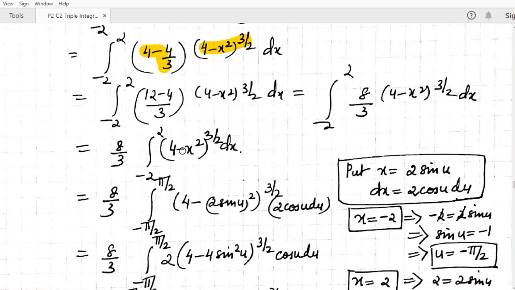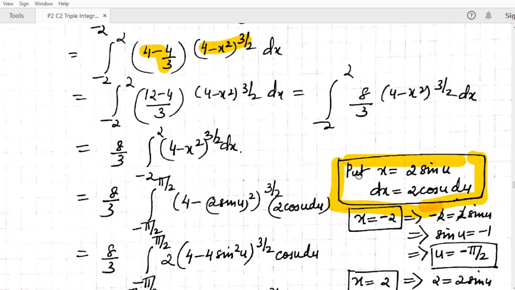That means it is 4 minus 4 sine square u. We can take 4 outside, then the remaining will be 1 minus sine square u, and 1 minus sine square u can be written as cos square u. So we always have to remember this substitution. The substitution is very important. Depending on the question and the coefficient, you have to do it.